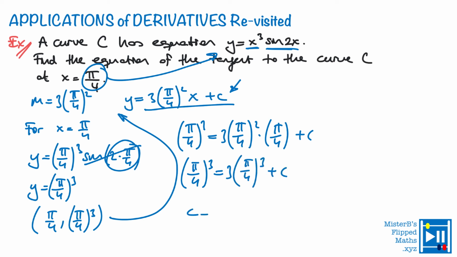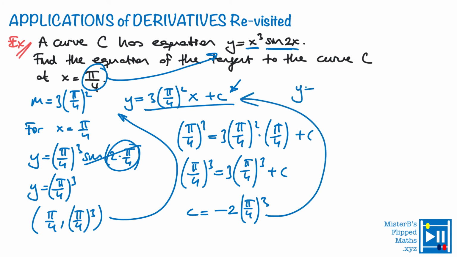So basically c will be minus 2 times pi over 4 cubed. Again, I'm keeping the exact value, and I'm just going to substitute this into the tangent line equation, and my tangent line now becomes y equals 3 times pi over 4 squared times x, now it's not plus, it's minus 2 times pi over 4 cubed. That is the equation of my tangent line.